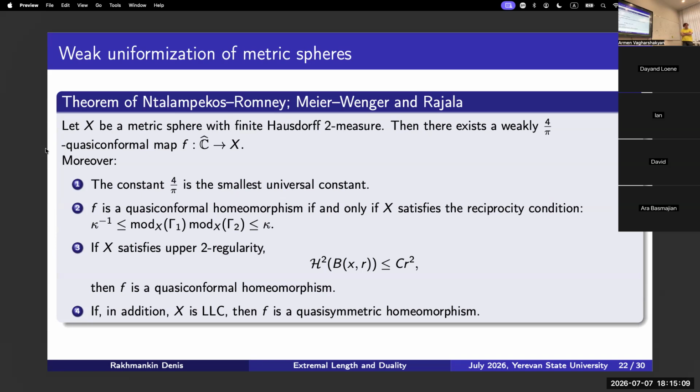Outside of the disk, it is defined as the identity times the distance to the unit circle: z times the distance from z to the unit circle. That's the formula outside of the disk, and inside the disk, it's just 0.